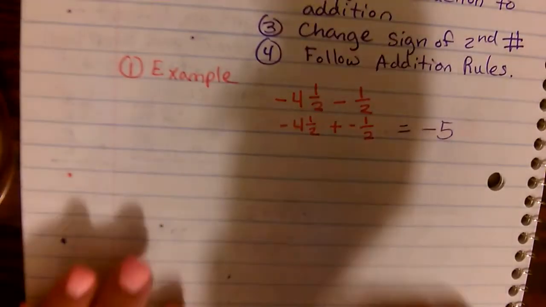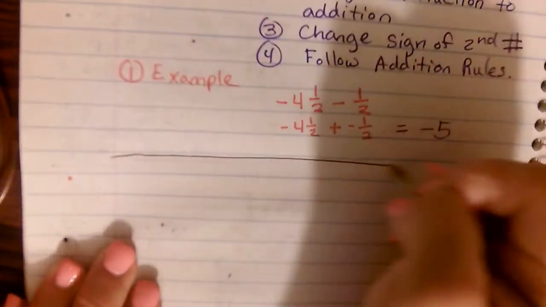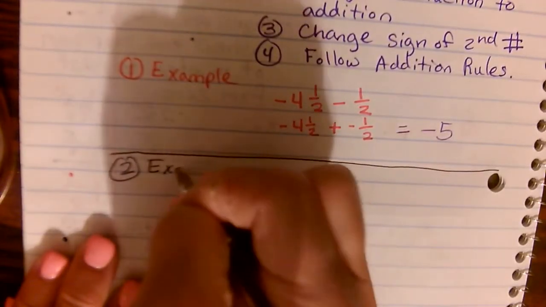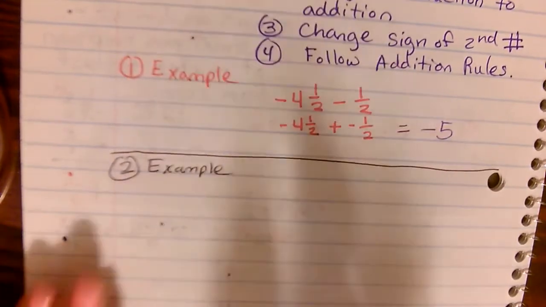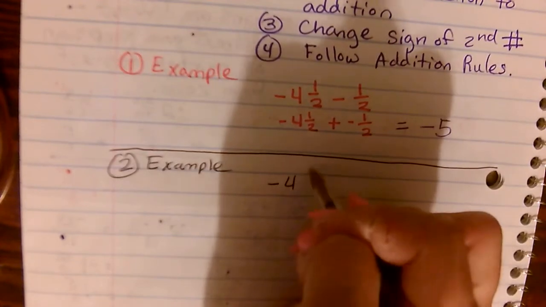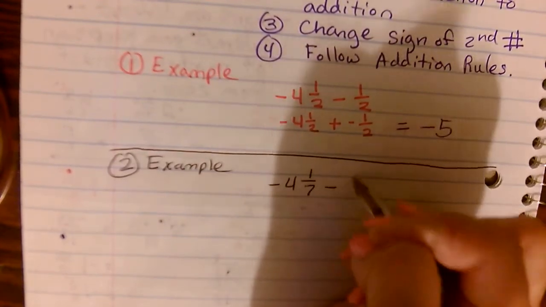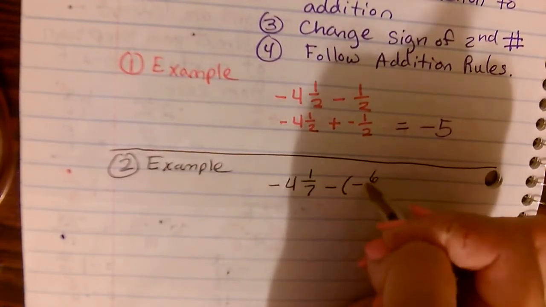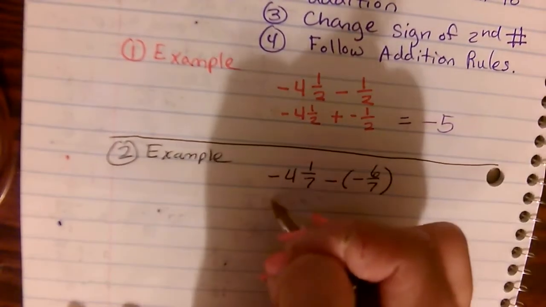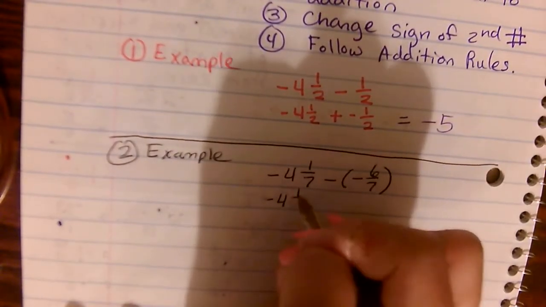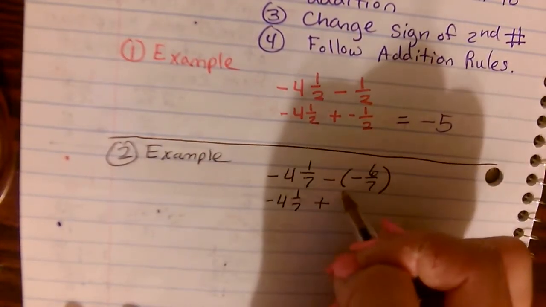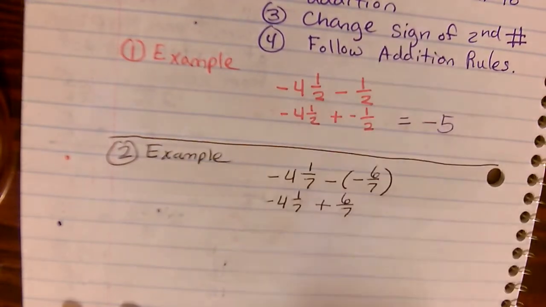Example 2. Let's say you have negative 4 and 1/7 this time, minus a negative 6/7. Let's follow the rules. Rewrite the first number, negative 4 and 1/7, change subtraction to addition, change the sign of the second number, it becomes a positive 6/7.